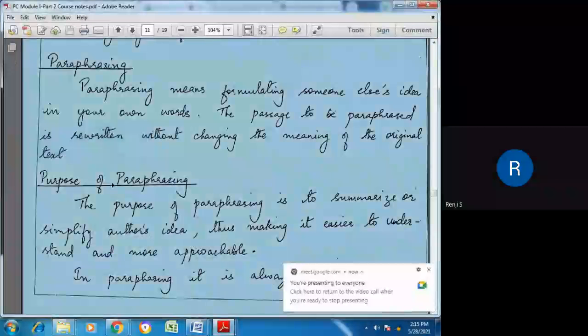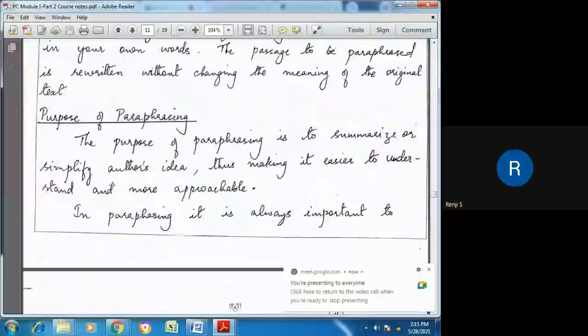Now, let us see the purpose of paraphrasing. Why do we need to paraphrase sentences? The purpose of paraphrasing is to summarize or simplify the author's idea.